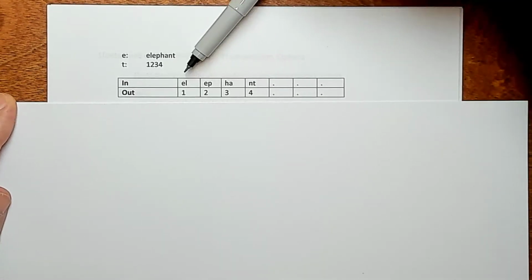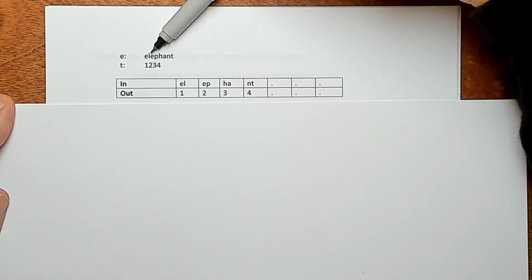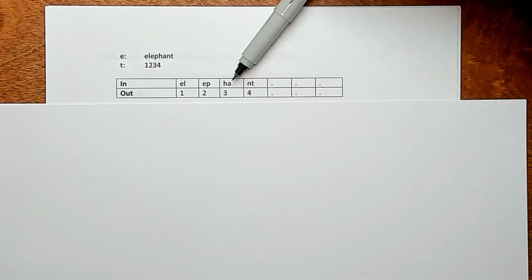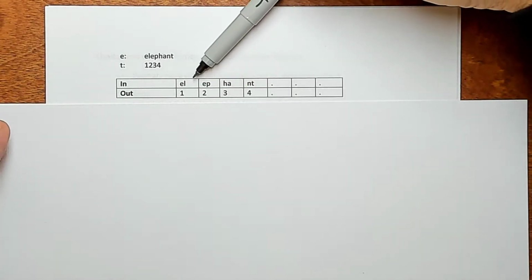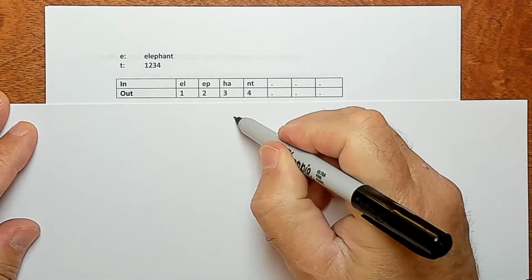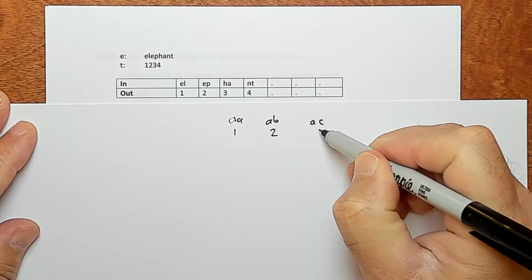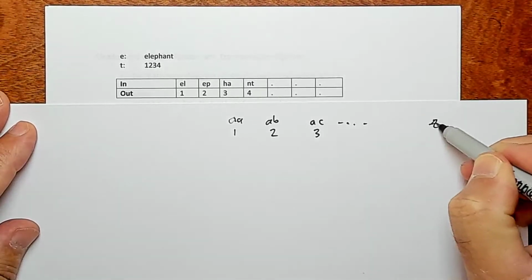I'm just trying to explain the idea of every 2-letter pair mapping to some number, and I'm using 1, 2, 3, 4 because it's convenient. Really, you'd start with AA, and that would be 1, and then AB would be 2, and then AC would be 3, like that, all the way to ZZ.